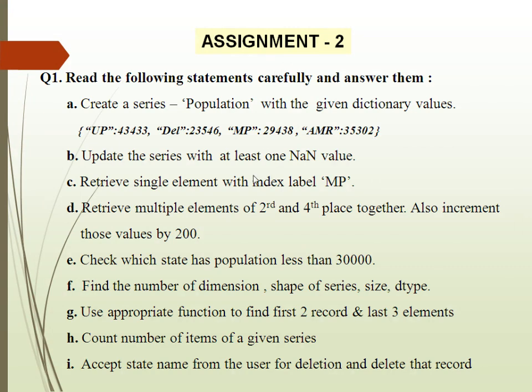Next one is the B part. Update the series with at least one NaN value. So again review the video and know how to update the series with at least one NaN value. Clear?